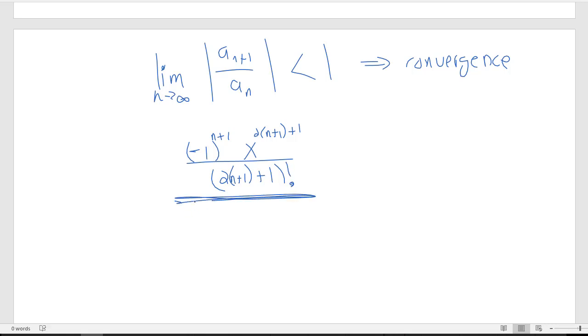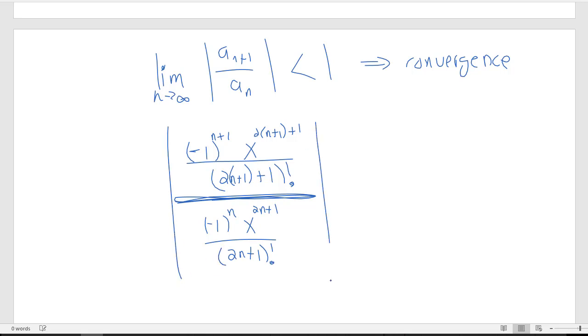Then I divide all of that by the nth term: -1 to the n, x to the 2n plus 1 over 2n plus 1 factorial. All of that in absolute value, looking long term out at the ends of the series, the limit as n goes to infinity.